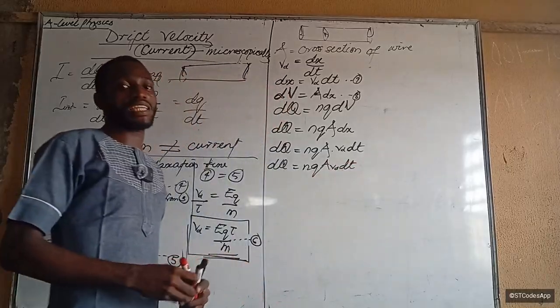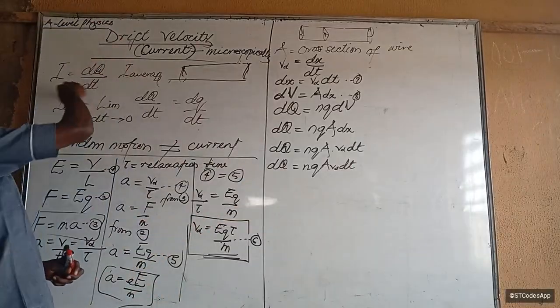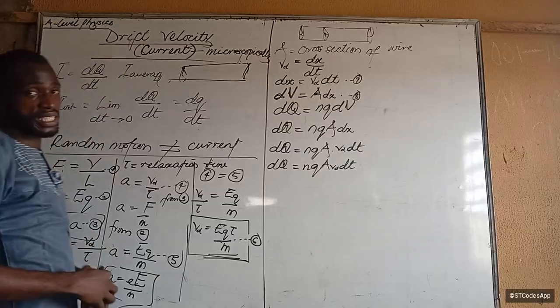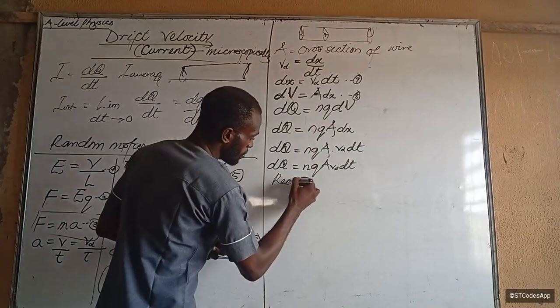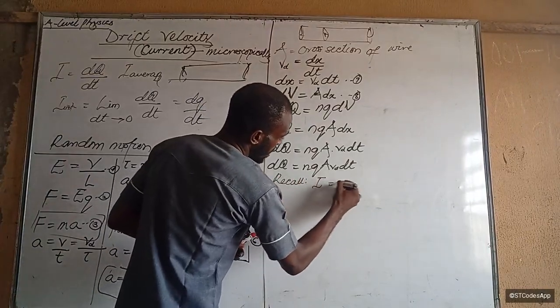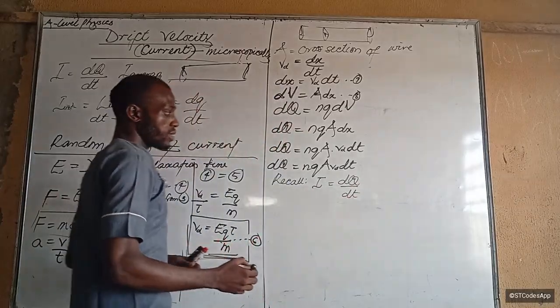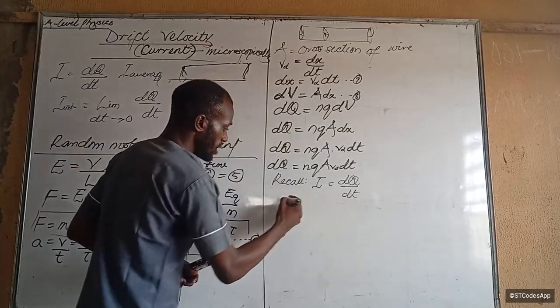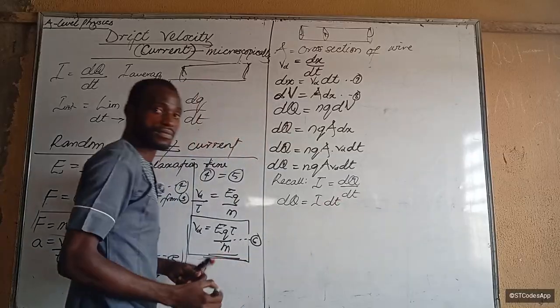Now from here, we can generate an expression for current, remembering that average current is dq over dt. If current is dq over dt, then dq is equal to I dt.